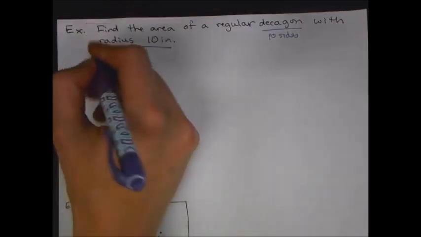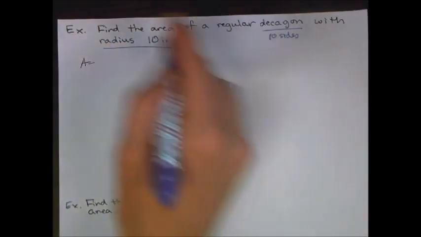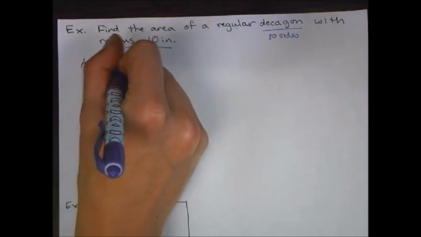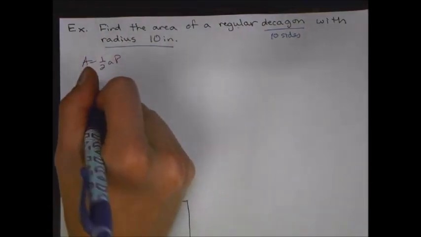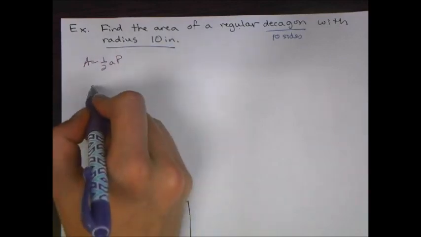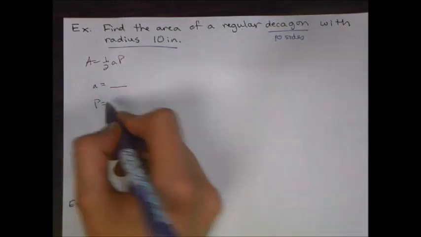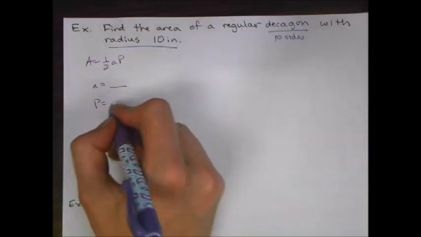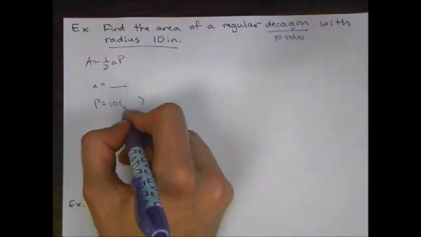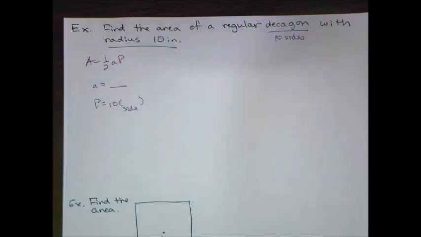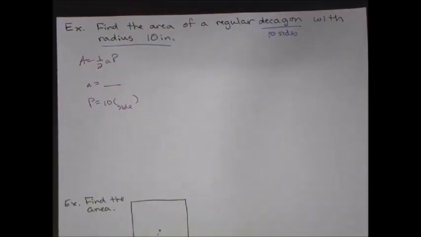To find the area of a regular polygon, 1/2 apothem times perimeter. I'm not given my apothem, so I need to find that. My perimeter, well, that's going to be 10 times my side, and I'm not given my side, so I need to find that.